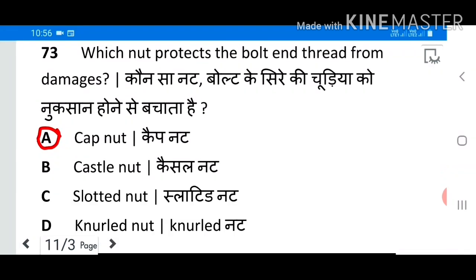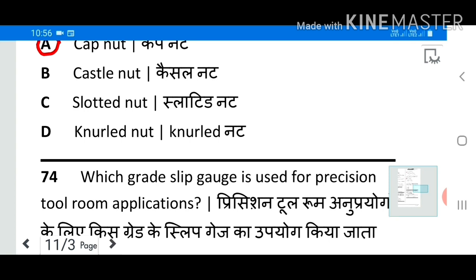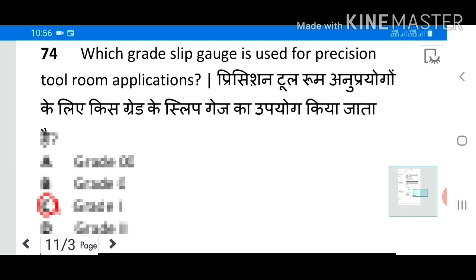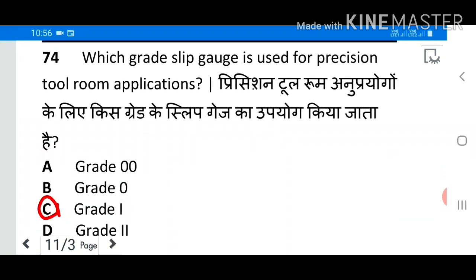73. Which nut protects the bolt and thread from damages? Answer A. Cap nut. 74. Which grade slip gauge is used for precision tool room applications?